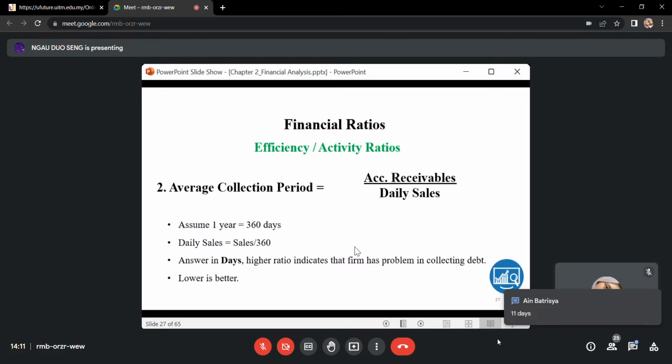So you calculate now and then type your answer. Right, okay, so fast. So you wait for others.